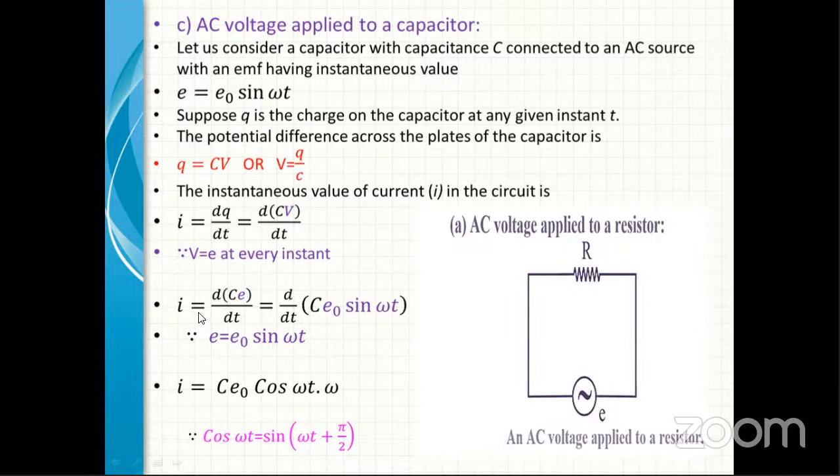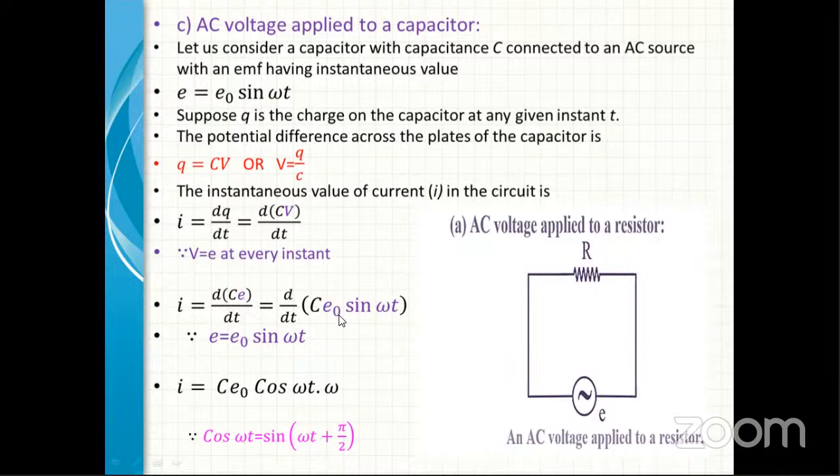Okay, therefore I is equal to, putting this value instead of this V, we are going to take this E. Once again see, I is equal to dq by dt. Then again, when the capacitor is here, the value of this Q in terms of capacitor, then this is CE divided by this dt. Again, we are going to check the differentiations of this.